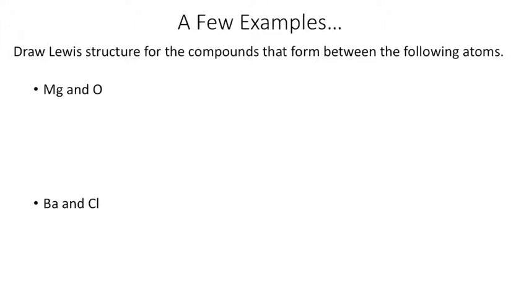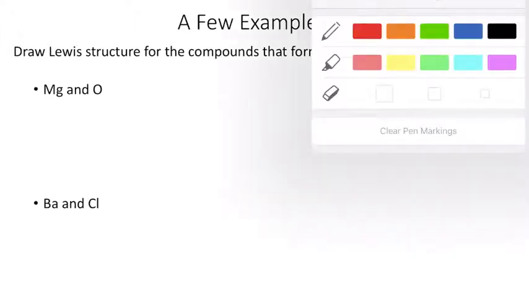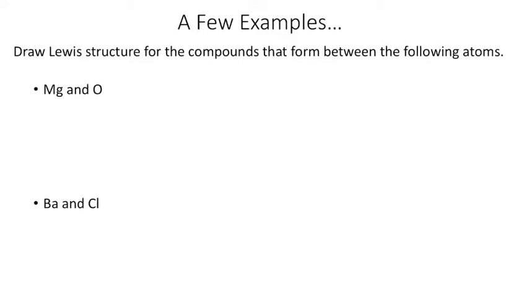Let's look first at the Lewis structure for the ionic compound that forms between magnesium, Mg, and oxygen, O. Let me turn on my pen here, and I'll work this with you. Let's use blue today. First things first, we have to draw the Lewis structure of both magnesium and oxygen as separate atoms.